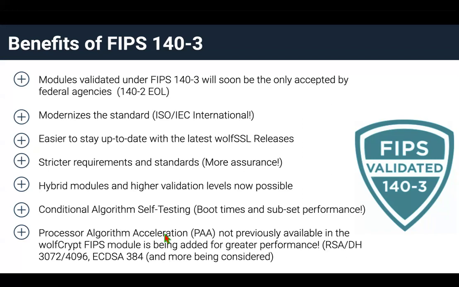Those are considered PAA, and so you can greatly increase the performance of AES, a lot of the SHA hash algorithms, and even some of the public key algorithms like RSA, Diffie-Hellman, and ECDSA by leveraging those assembly optimizations on specific hardware. And we do a lot of PAA support for a lot of our customers.